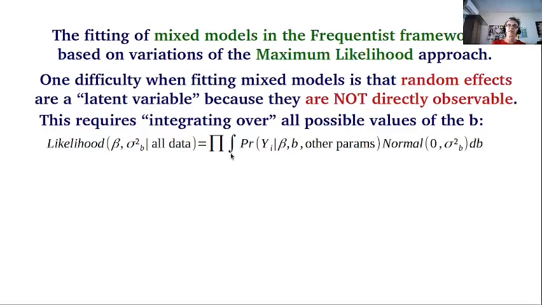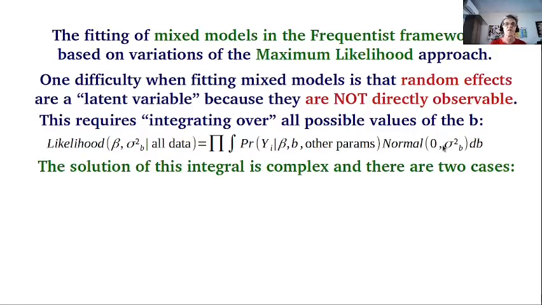And this integral simply says that we are adding the infinitesimal contributions of all possible values of the b coefficients. Here we have the fixed effects, and here we have the random effects, in a qualitative way. The solution of this integral is rather complex, and there are two main cases.